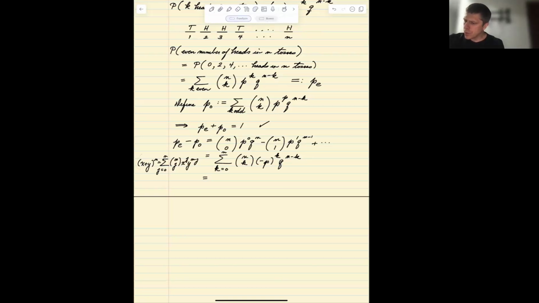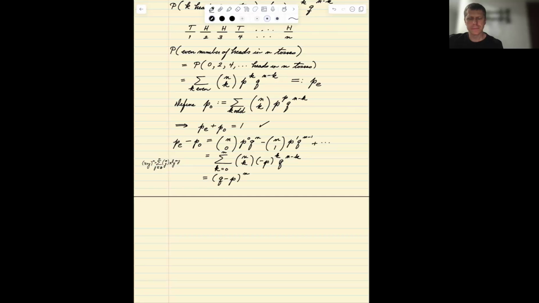So what we actually have here is an expression in terms of minus p and q. By the binomial formula, this is equal to q minus p to the power n.